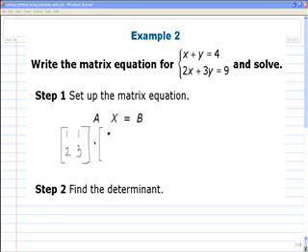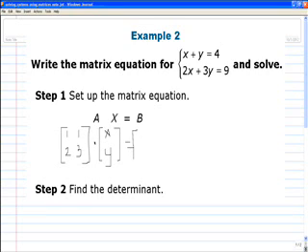Our variables that we're using are x and y. So we'll just write x and y. And then that will be equal to our constant matrix, B, which is 4 and 9.